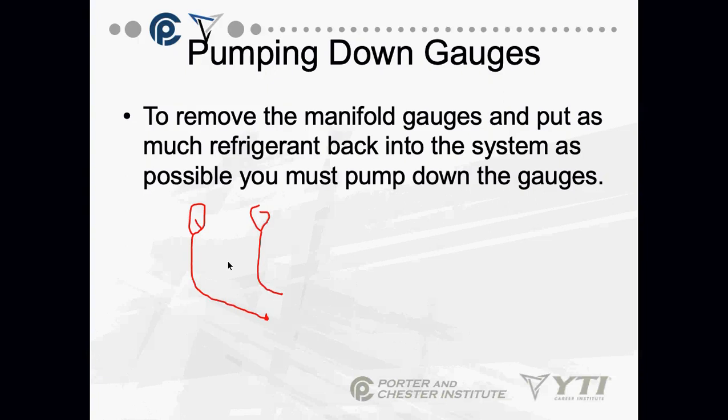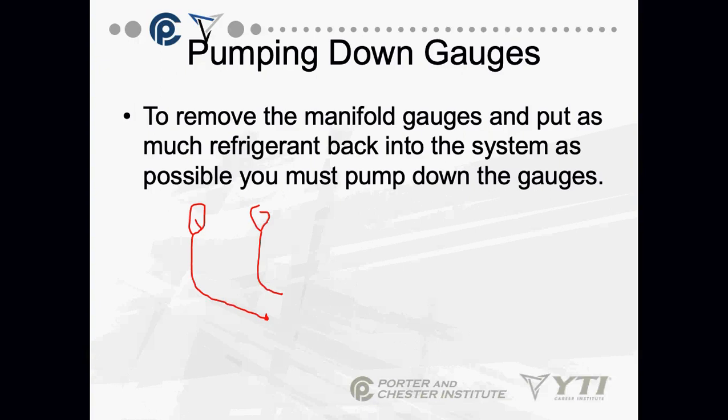Different size hoses, different lengths of hoses have different amounts of refrigerant in them. But every single time you put hoses on and off a system, you are losing the refrigerant that is in those hoses. Any questions on that?